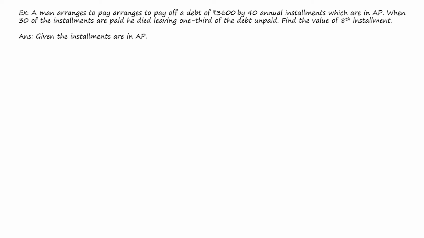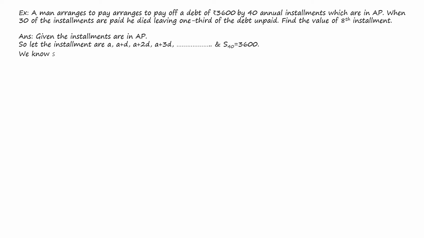Given that the installments are in AP, so we can write the installments as a plus d, a plus 2d, and so on. The total number of installments is 40, and the total debt availed by the person is 3,600. So we can write S40 equals 3,600.